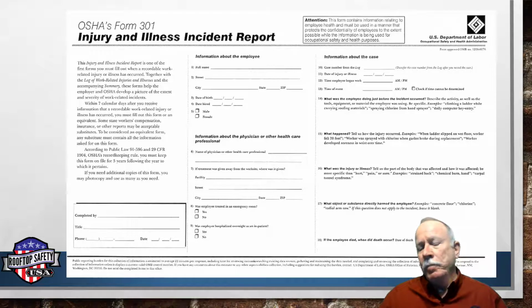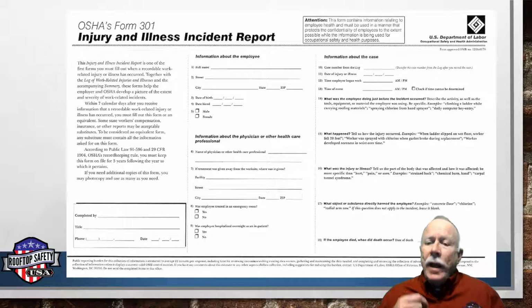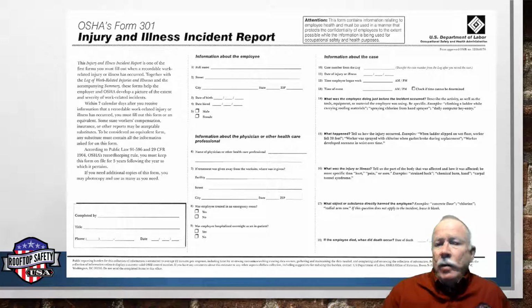And then we also have information about what happened, when it happened, what processes were in use, what actually harmed the employee, information like that. So again, this is the OSHA 301 incident report, and it's required to be filled out within 7 days of the incident. And you keep this in your company records.